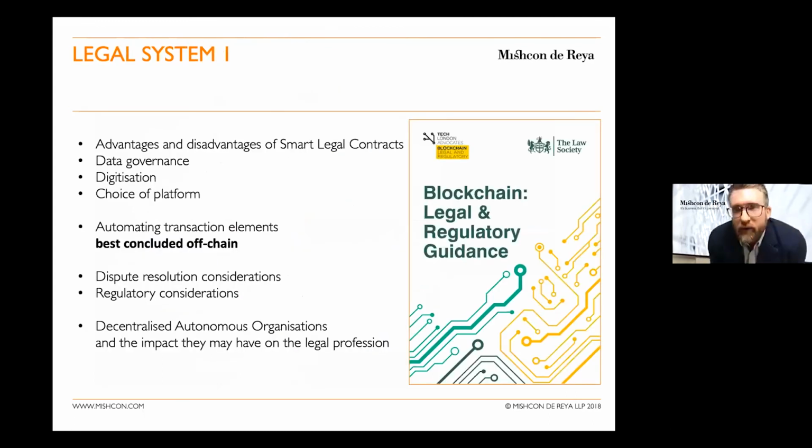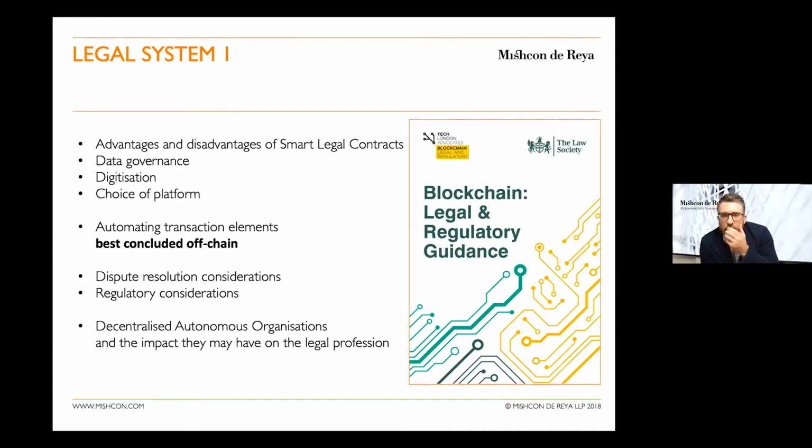Lastly, given that I work for and represent a law firm, Mishcon de Reya, there are all sorts of interesting ways that these types of systems interface with what I would slightly cheekily refer to as legal system one. And May pointed out a whole load of them to do with how you might, for example, enforce terms within a smart contract.